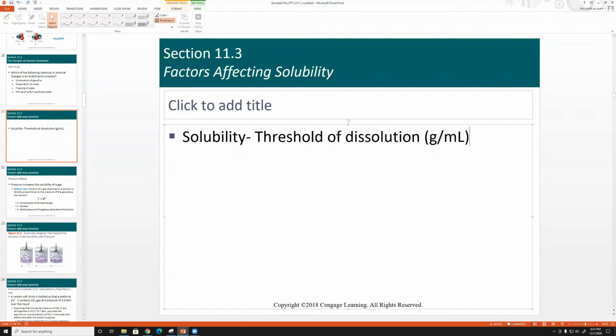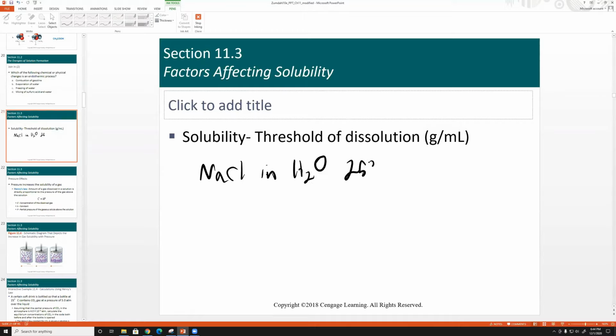For example, if I say that the solubility of NaCl in water at 25 degrees Celsius, 1 atm, is 2 grams per milliliter, this means that the maximum amount of solute, NaCl, that I can dissolve in 1 milliliter of water is 2 grams.